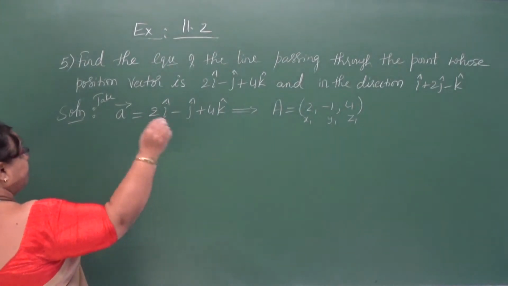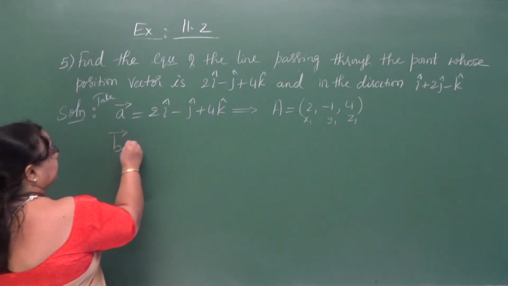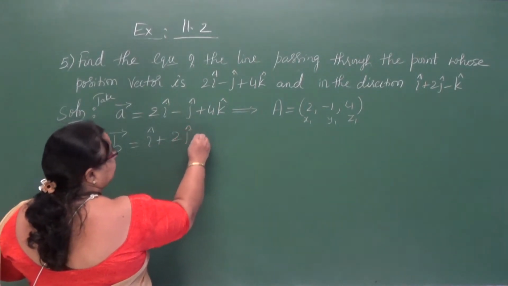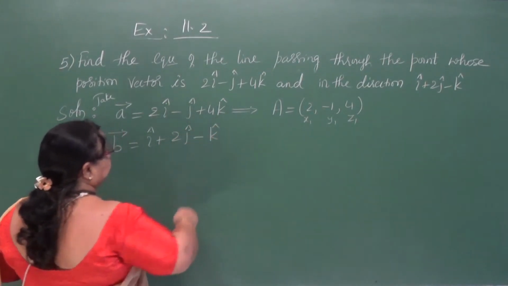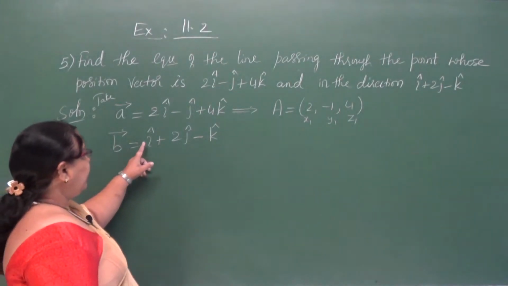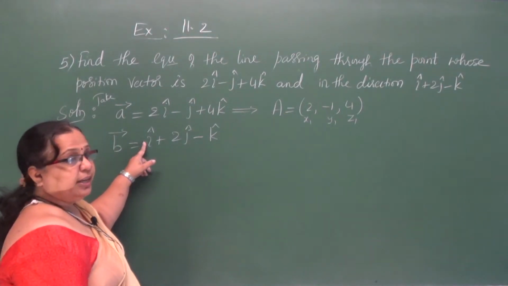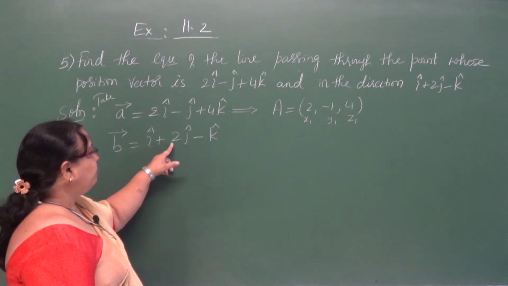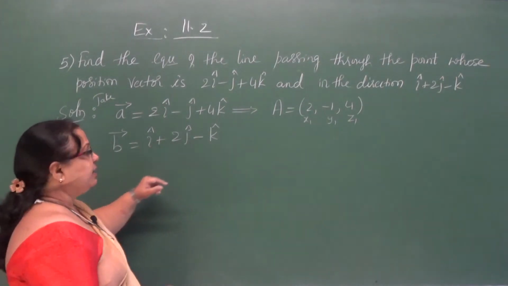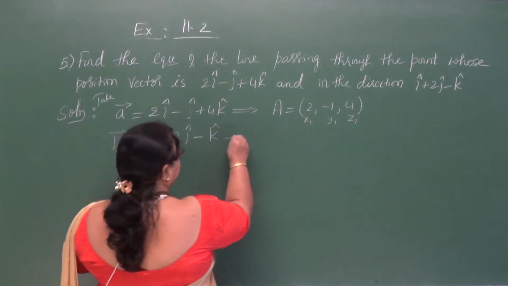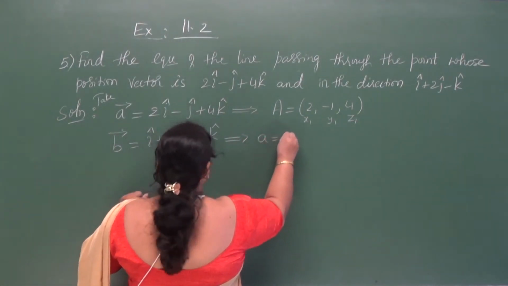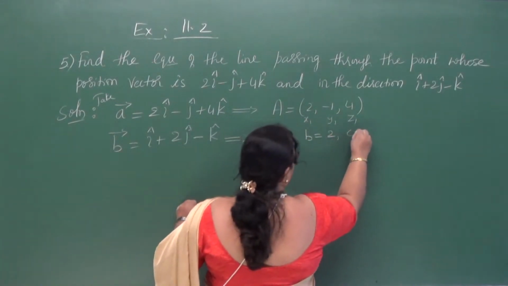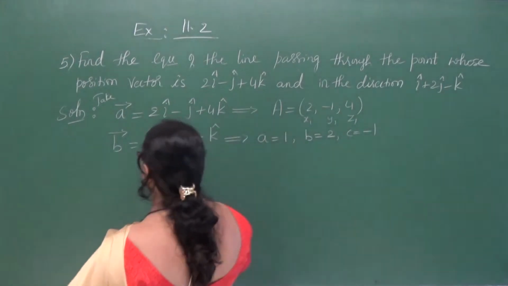And in the same direction, vector B is i cap plus 2j cap minus k cap. So A is 1, B is 2, and C is minus 1.